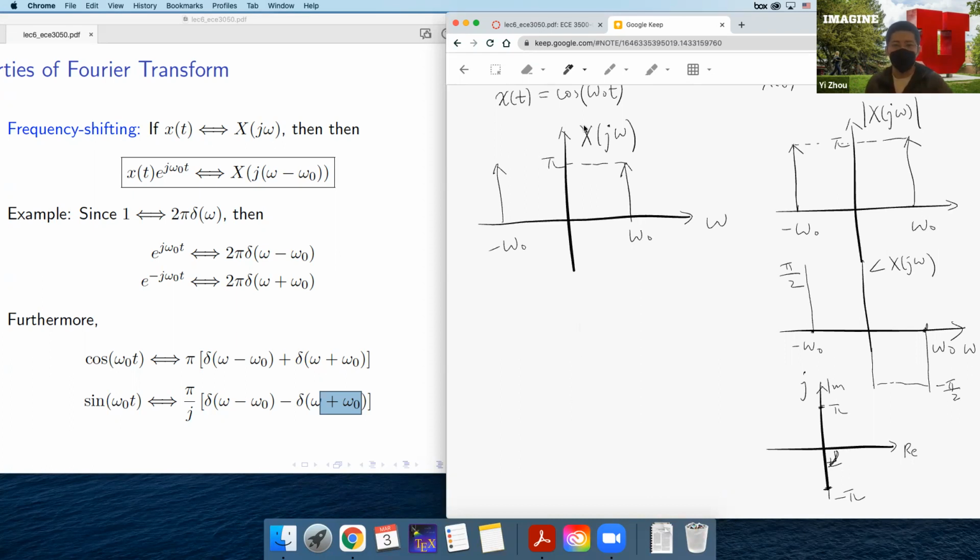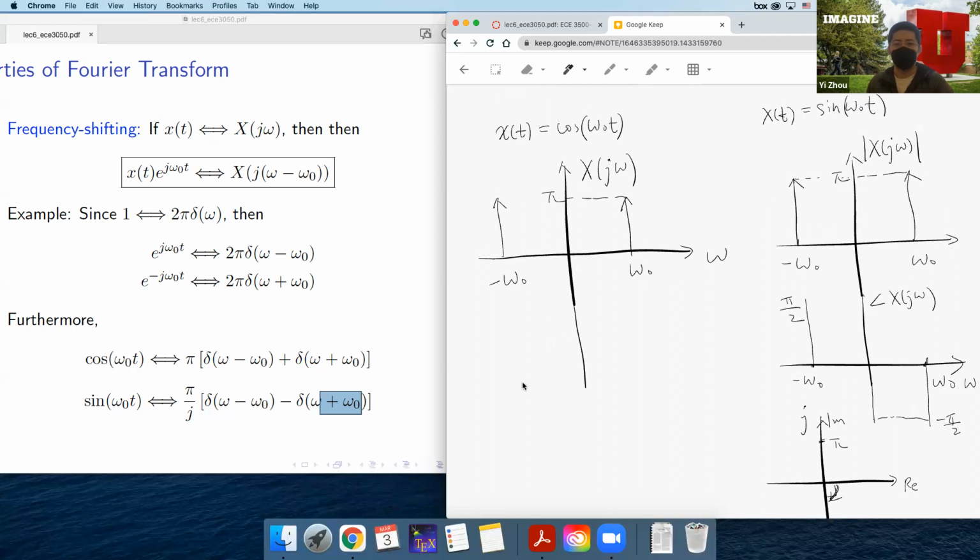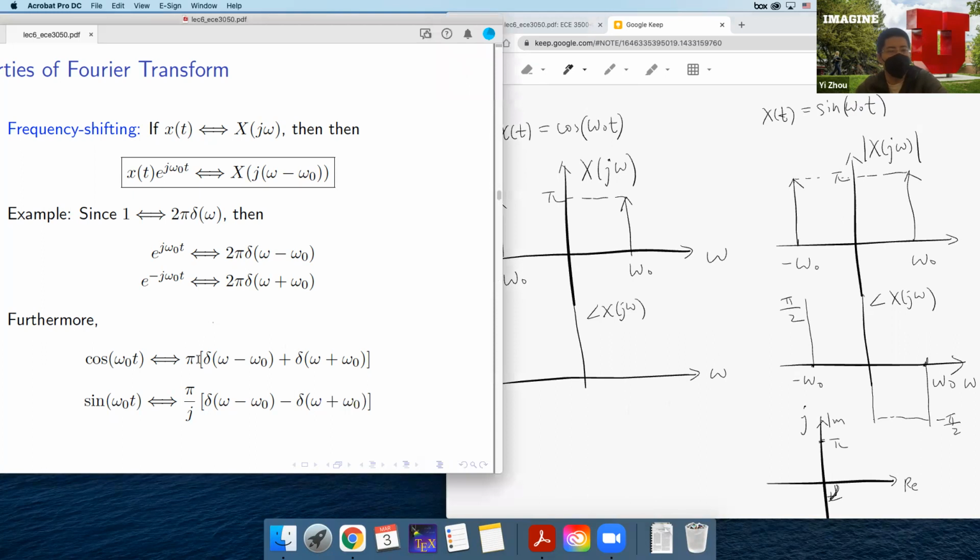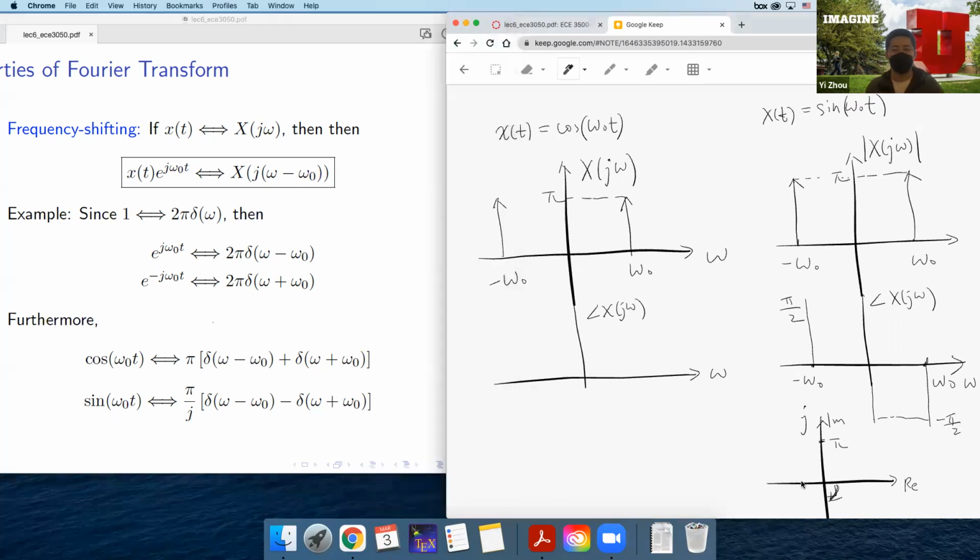But for the cosine signal, for the cosine spectrum, it is real valued. So the phase is always 0. Okay, all the spectrums are real valued. So they are lying on the horizontal line in the complex domain.